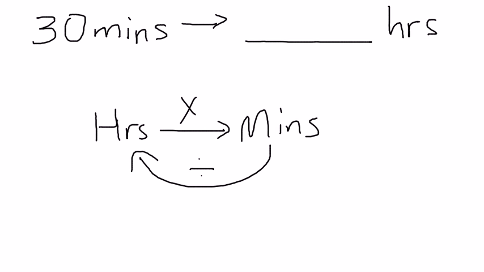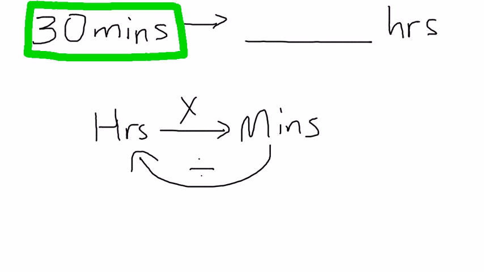Okay? Now, another way you can go about doing it: when you see the minutes in front, and you know that the question is asking you to find the hours, meaning to change from minutes to hours, the very first thing you need to do is take out a highlighter or a pen, go to the minutes, draw a line, and write down below there how many minutes is in 1 hour.